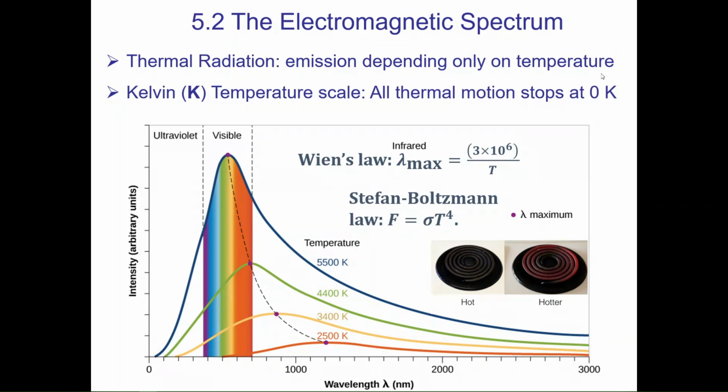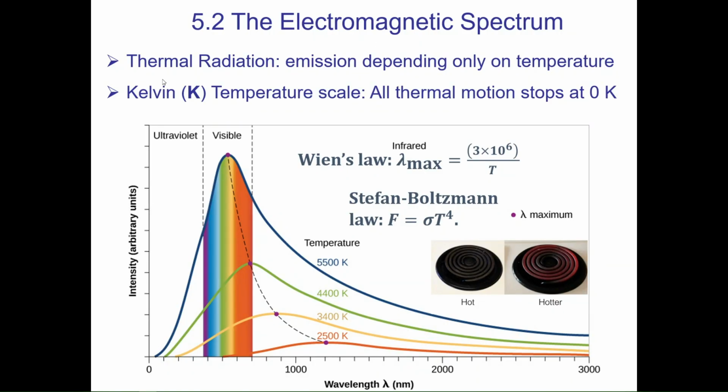And I hope you still remember the state of matter simulation I showed you at the beginning of the semester. The higher the temperature, the molecules inside the star are able to move much faster. You can imagine they're wiggling with high frequency, so they can emit light with higher frequency.